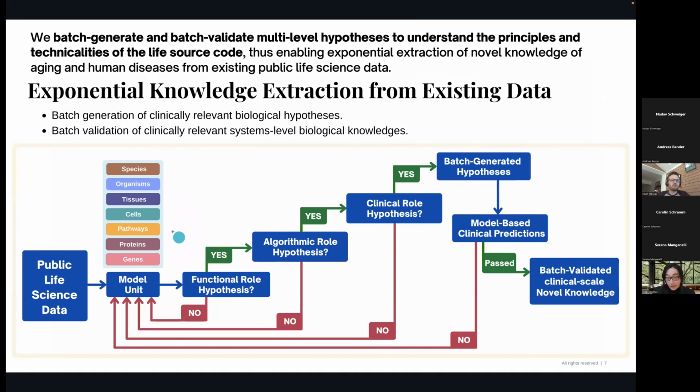And by labeling data, we specifically mean coming up with hypotheses about the functional roles of all the building blocks implicated in human physiology and in pathogenesis. There are three types of hypotheses, or three types of labels, that we assign to biological building blocks. The first type is called a functional role hypothesis. It refers to the specific function that a specific building block plays in a normal physiological context.